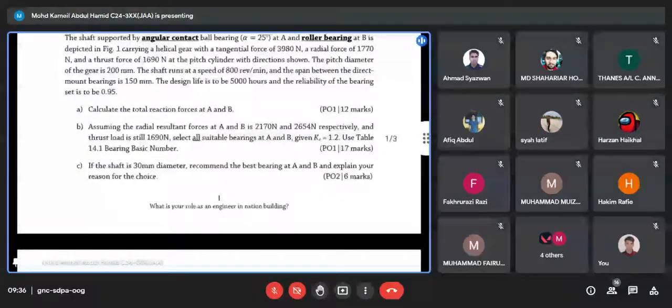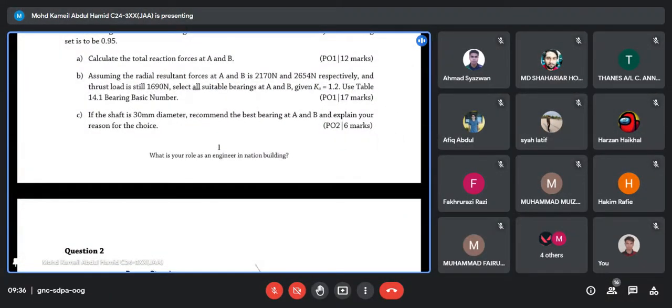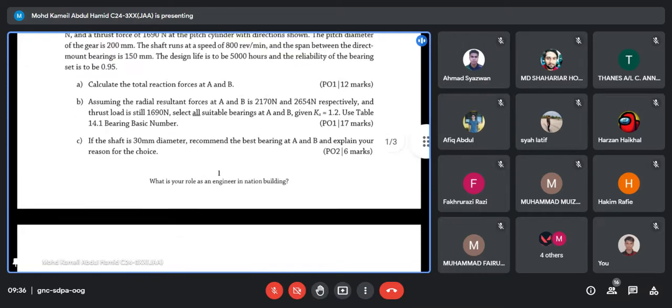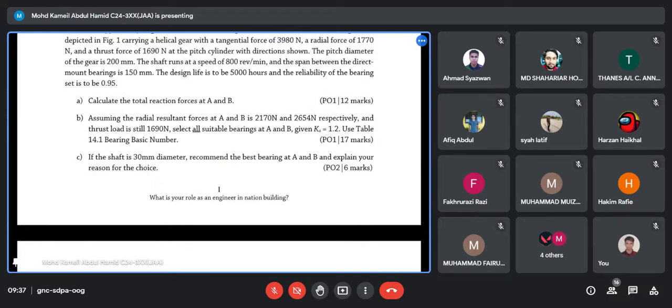Okay, soalan C. If the shaft is 30 mm diameter, recommend the best bearing at A and B and explain your reason for the choice. Okay, so you have to check the available series. You have bore 35 for bearing A. For bearing A, you have LO7, 206 and 304.